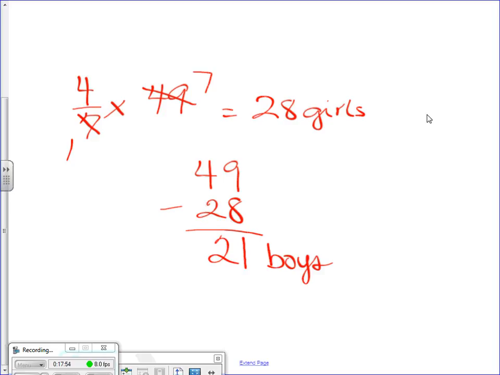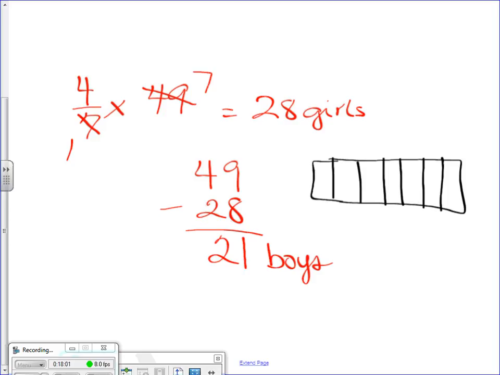Because if you look at a tape diagram where 4/7 are girls, that leaves the 3/7 that were boys. So you could have done 3/7 of 49 and saved yourself the subtraction step.